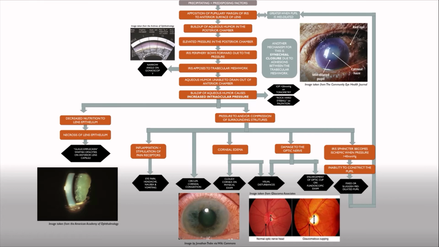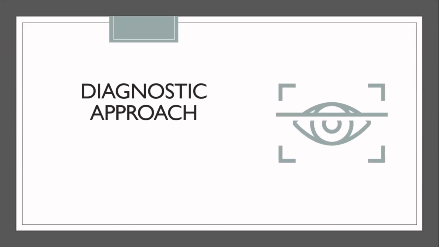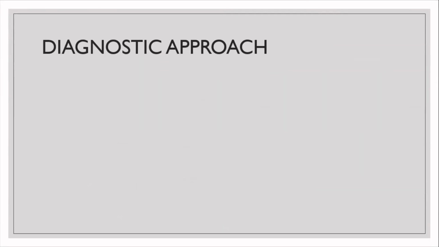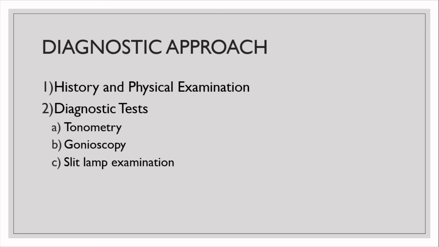glaucoma. So for our diagnostic approach, of course, most important in any condition is history and physical examination. And this will include diagnostic tests such as tonometry, as mentioned earlier, to measure the intraocular pressure, gonioscopy, and slit lamp examination to more closely examine the structures of the eye.